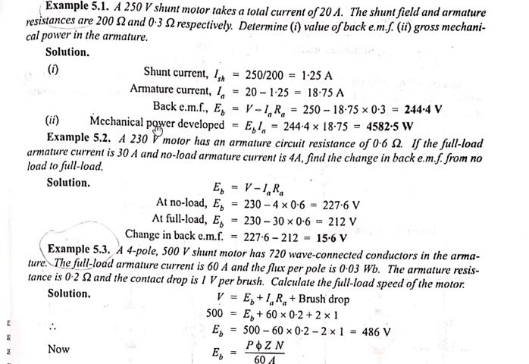So what is the gross mechanical power developed in the armature? We know power is voltage into current. In case of an armature, the mechanical power developed is EB, that is the back EMF in the armature, into armature current. EB IA will give us the gross mechanical power in the armature.